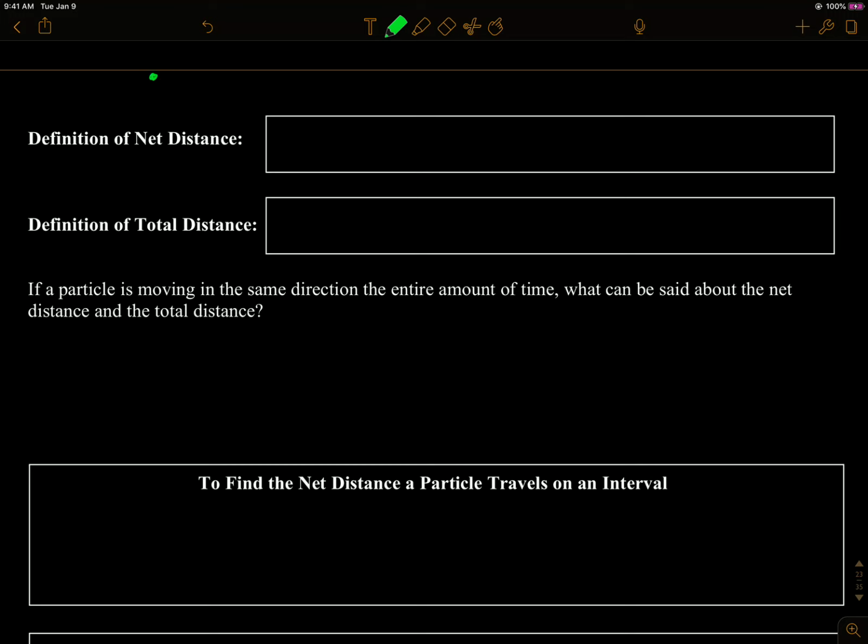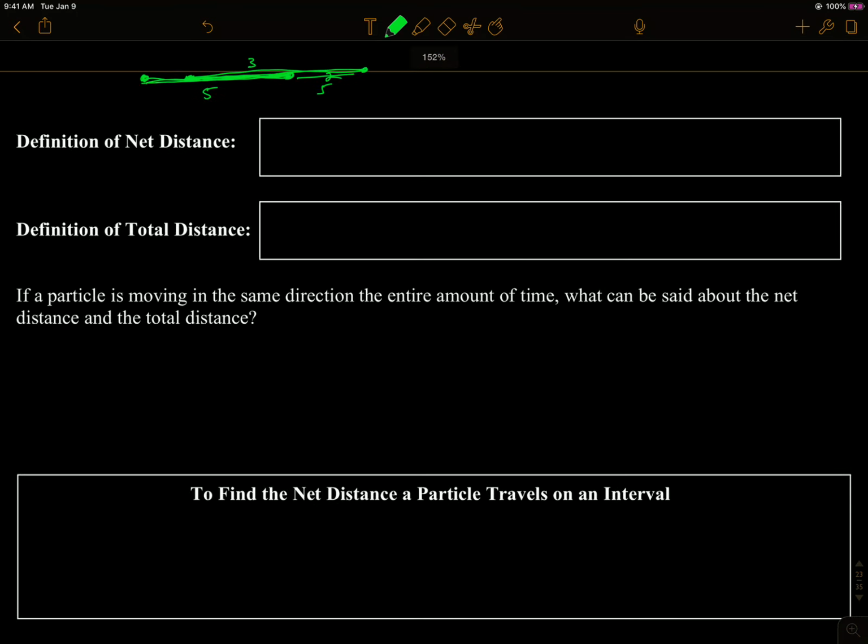Let's say a particle started here, moves this way, say 5 units, comes back, say 3 units, and then moves forward another 5 units. The net distance would be 7, because it would be this 5 forward, then plus this extra 2. That's the net distance. The total distance would be the 5 plus the 3 is 8 plus another 5, which would be 13. So that's the difference between net distance and total distance.